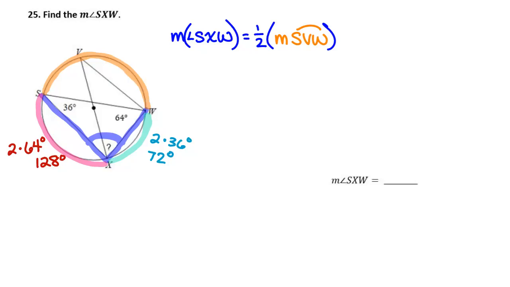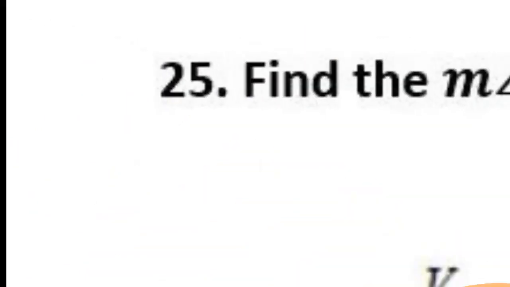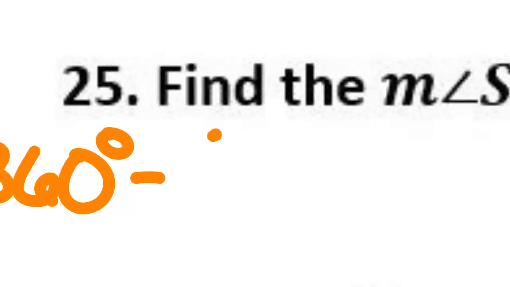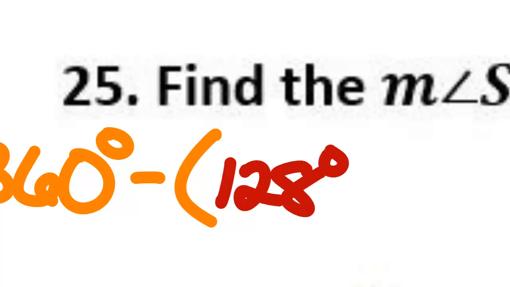All the way around a circle is how many degrees? 360. Well, now that I know those two arcs, the only other thing up there is that orange arc. So I can figure out how big the orange arc is by taking 360 and minusing those other two arcs that we have, the 128 and the 72.